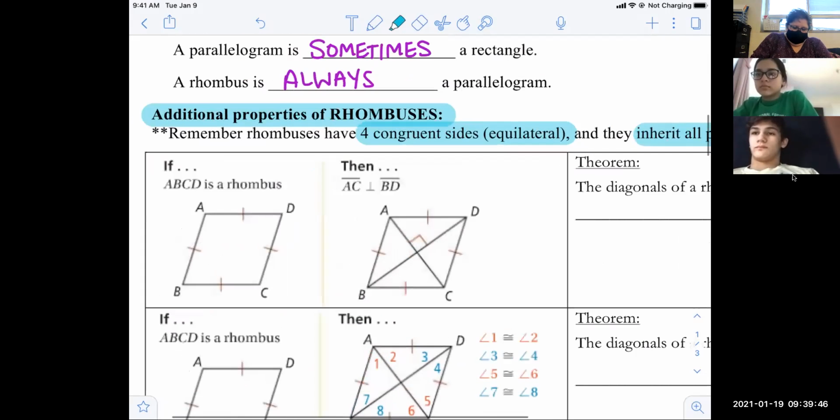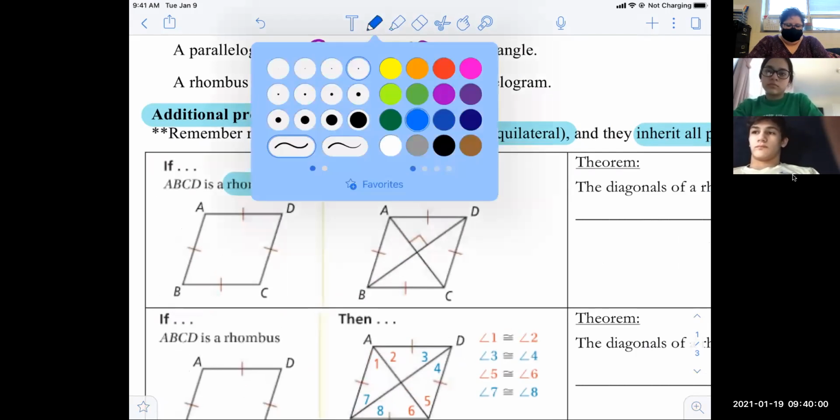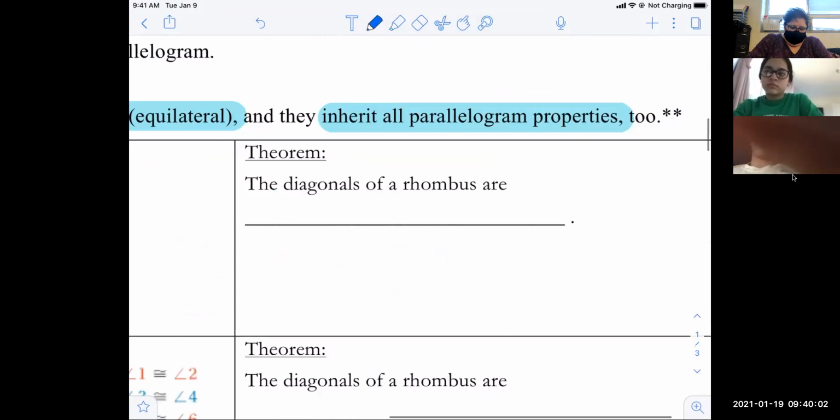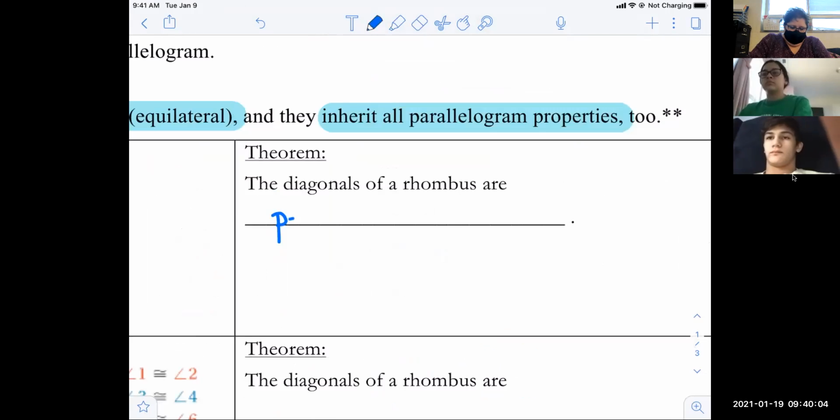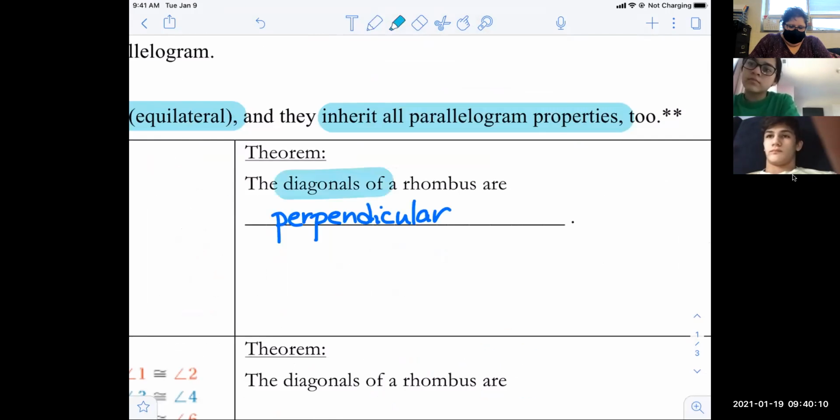If you have a rhombus, then tell me what that says in the words. Seth, what are perpendicular? The diagonals are perpendicular. Okay, so that's something that's true in all rhombuses.